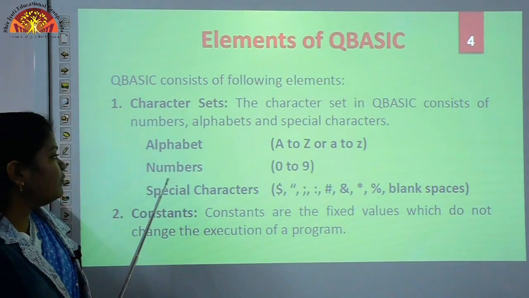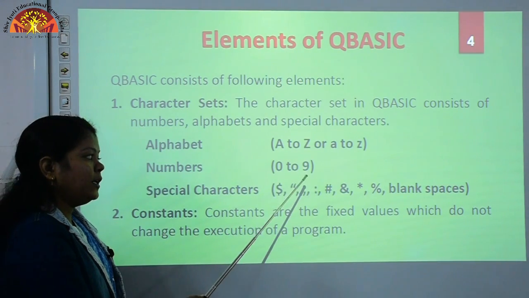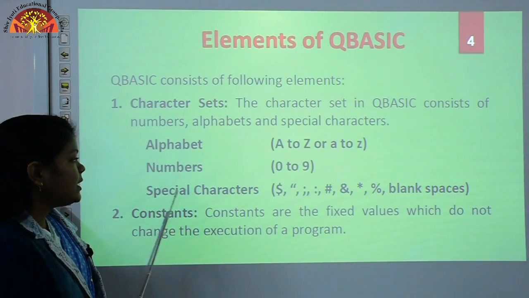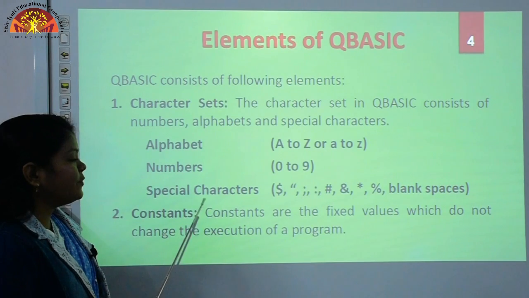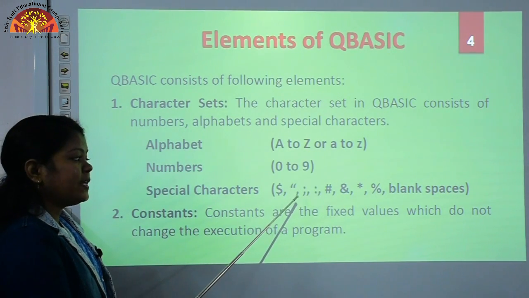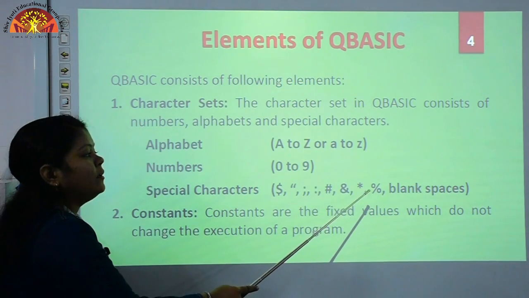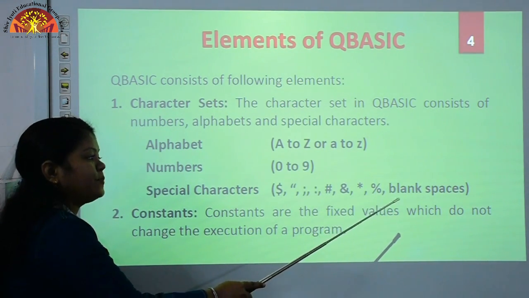Next we have numbers: digits from 0 to 9. Next, special characters: symbols like dollar, double quotation, semicolon, colon, hash, asterisk, percentage symbol and blank spaces.